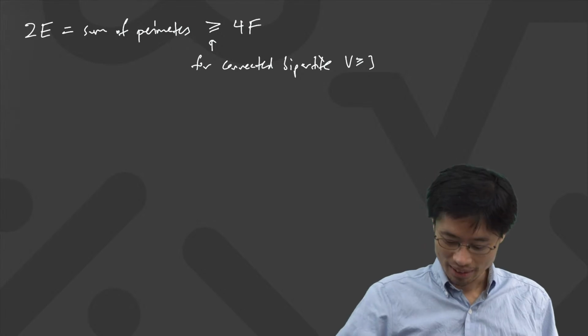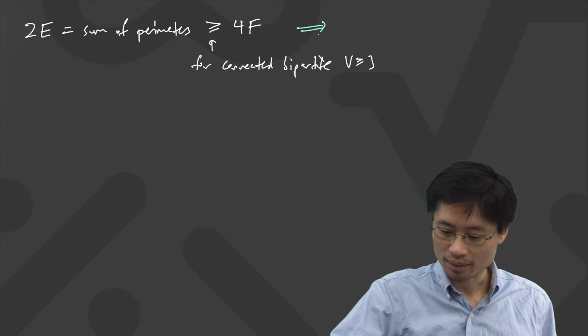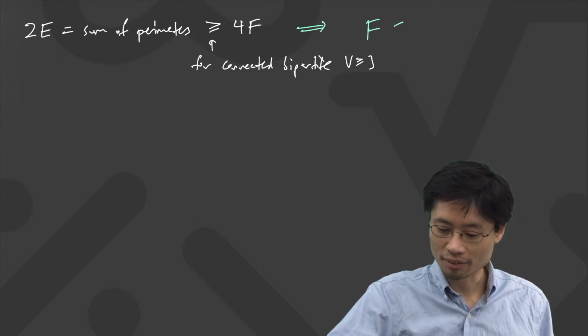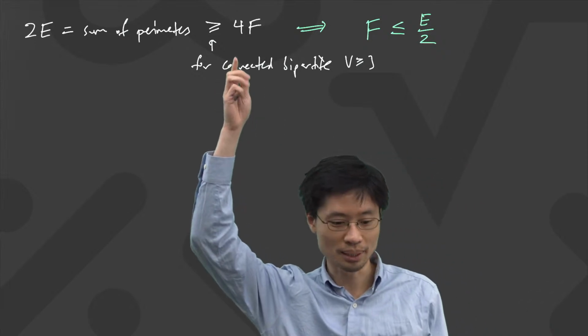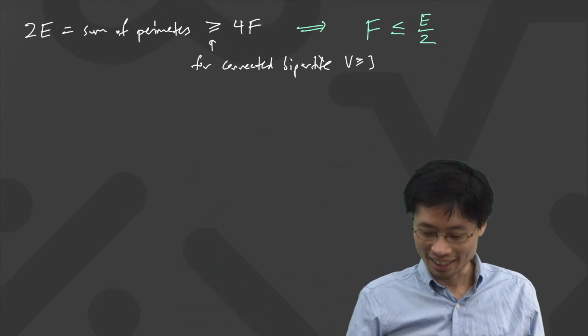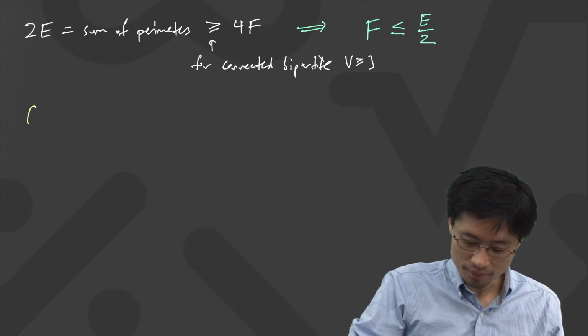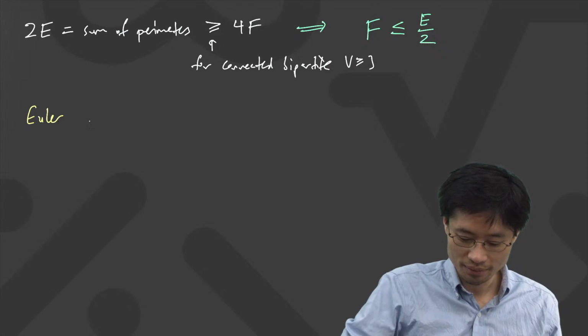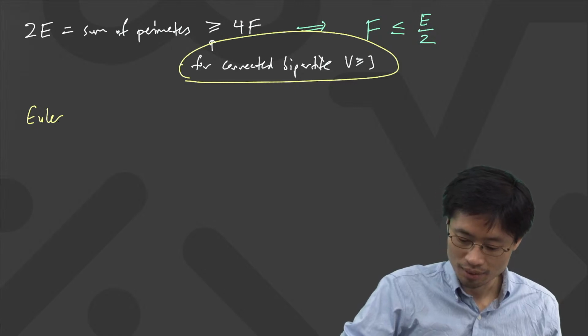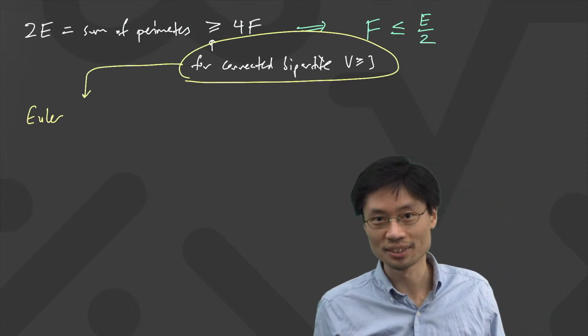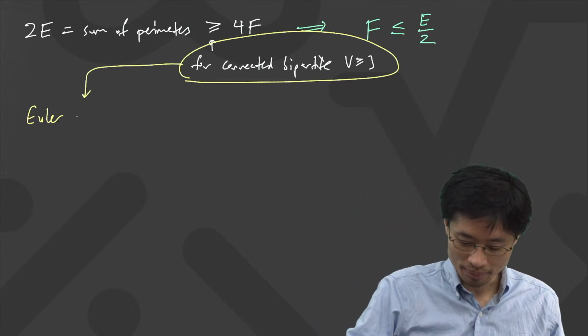So now what do I know? This thing is first of all telling me an inequality about f. F is now less than or equal to e over 2 for that particular situation, because I just divide by 4. And now let's put everything together. Euler, and this is for connected bipartite graphs with at least 3 vertices.